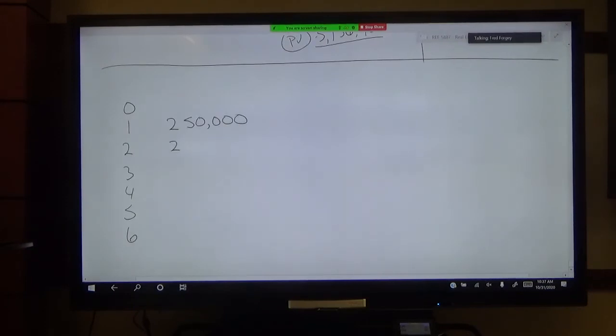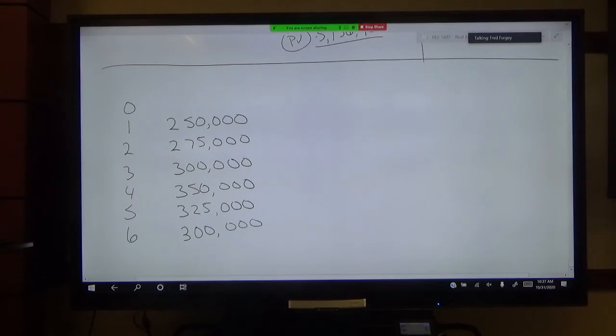And the next year, income, 275. Okay, so income's kind of going up, then it kind of is going down, okay? Not for any good reason, I just felt like that.